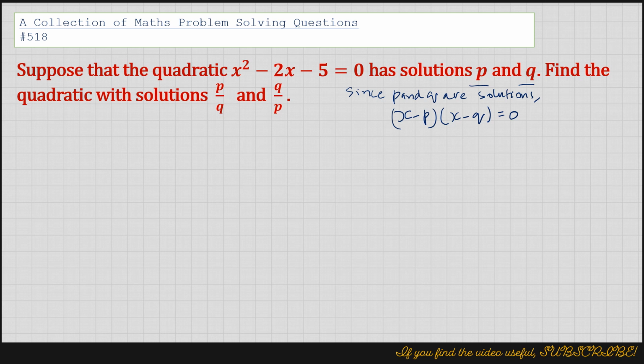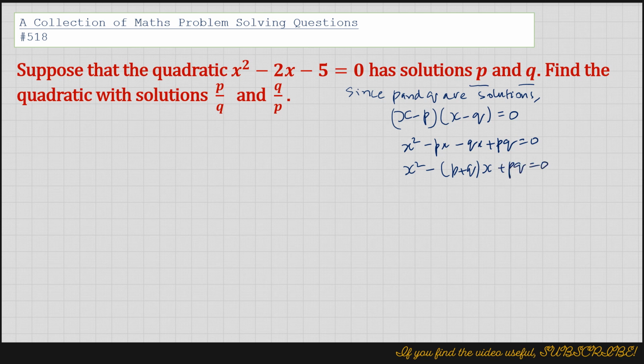If we multiply this and remove the brackets, we get x squared minus px minus qx plus pq equals 0. So we get x squared minus (p plus q) times x plus pq equals 0.